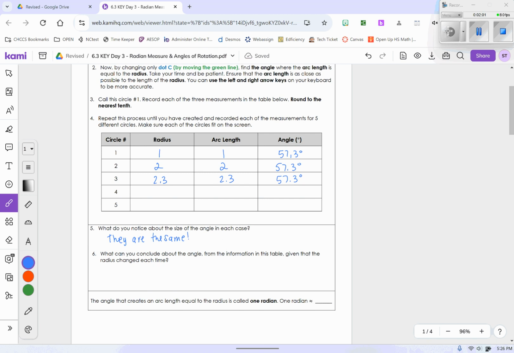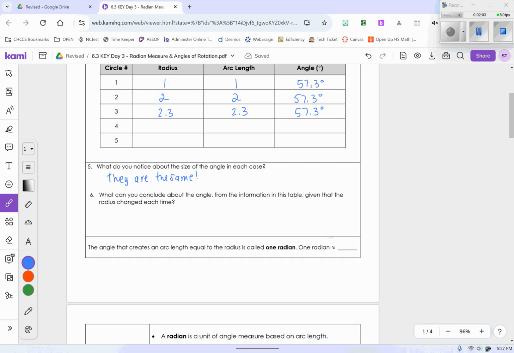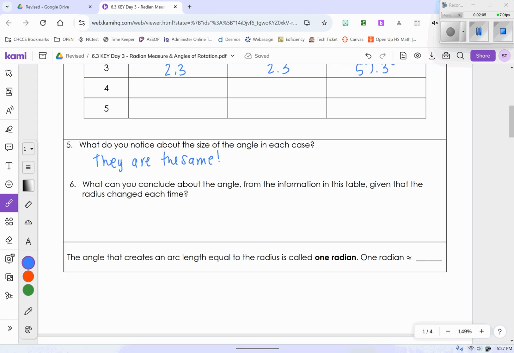What can you conclude about the angle from the information in this table, given that the radius changed each time? It didn't matter what the radius was. When the arc length is equal to the radius length, the angle was the same.